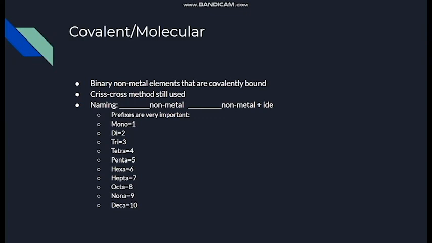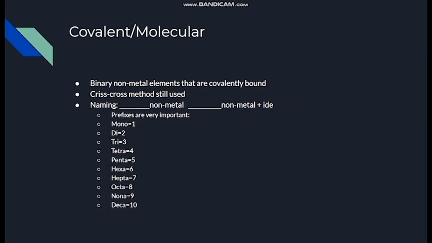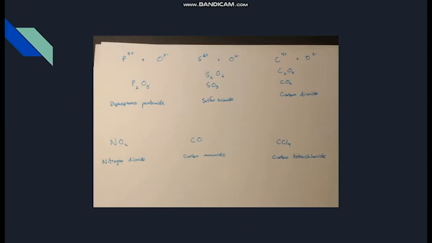Now, taking a look at some examples, we have phosphorus, which has a charge of 5+, and oxygen, which has a charge of 2-. Once we do the crisscross, we get P2O5, and since the 2 represents di, and penta represents 5, we have diphosphorus pentoxide.